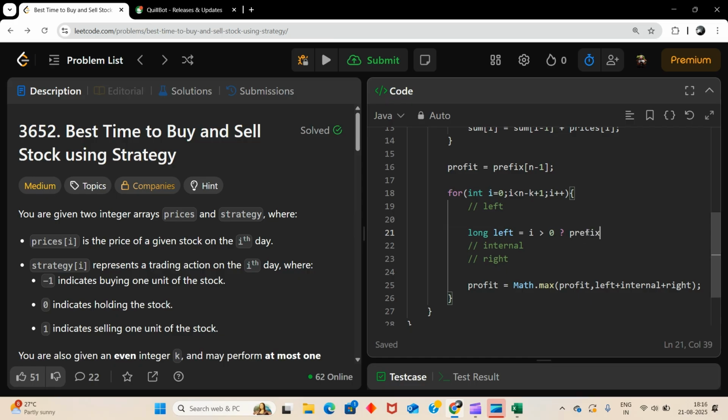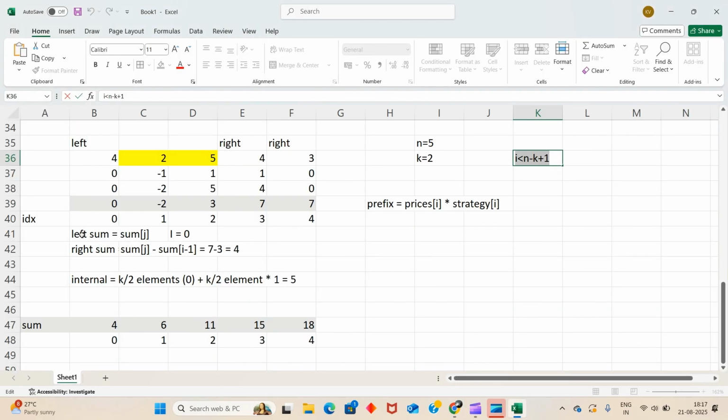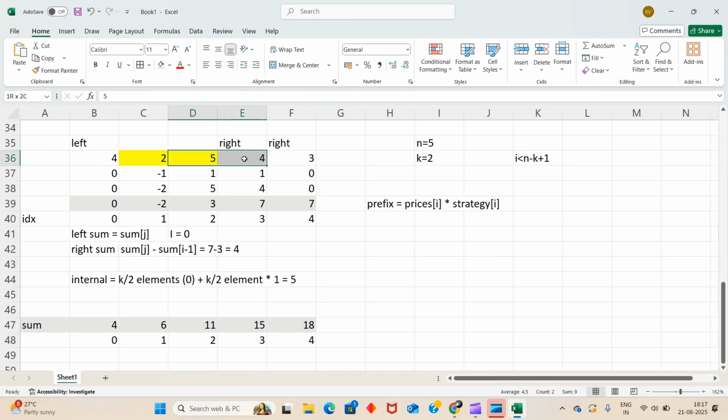How do we calculate this? If my i is 0, in that case this is 0. If my i is greater than 0, let's say this case, what will be my left?